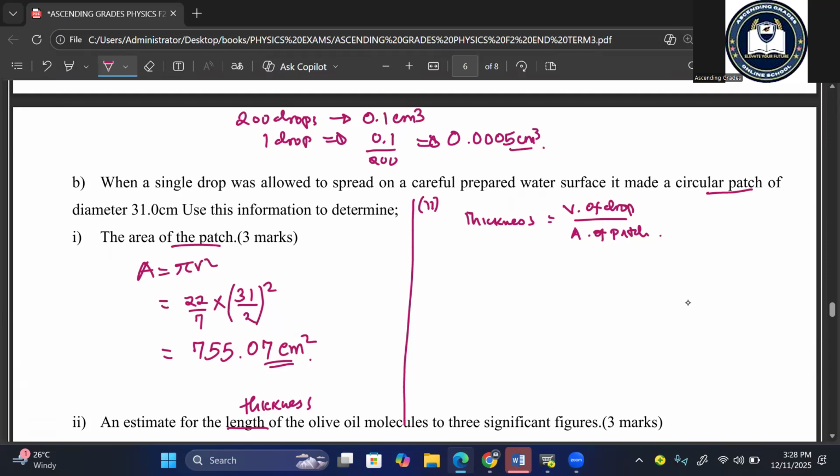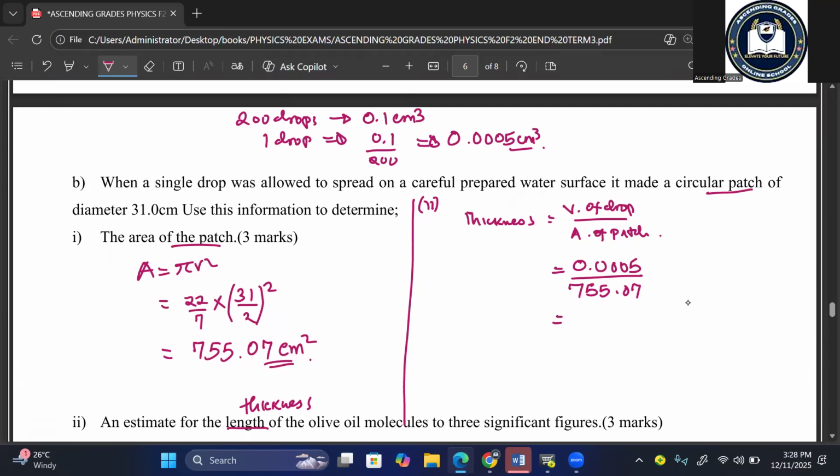So thickness is 0.0005 divided by area of 755.07.